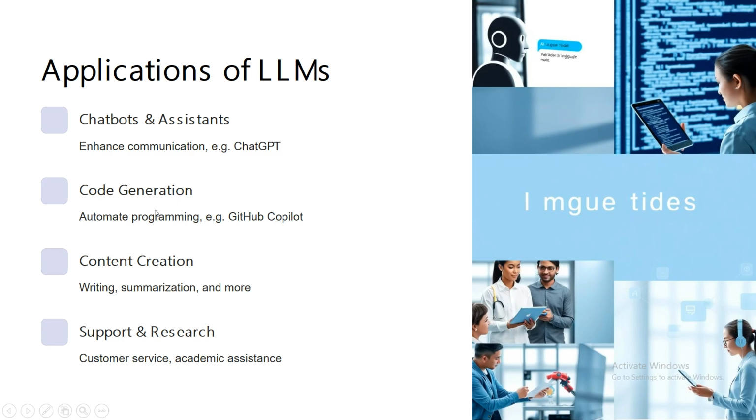Code generation. LLMs are very useful for generating code, automatic programming. An example is GitHub Copilot. We can generate any code by using GitHub Copilot LLM models. Content creation for writing, summarization, blogs, and many more. Support, research, customer service, academic assistant.